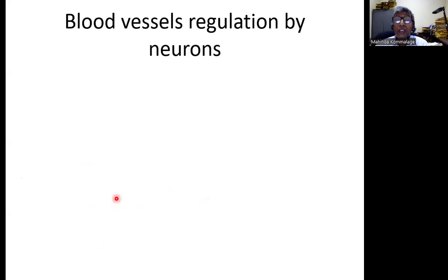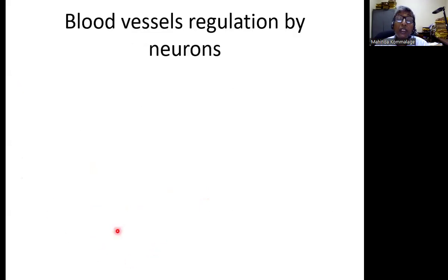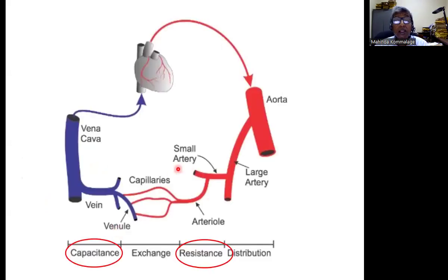So in the blood vessels, regulation through the neuronal or autonomic route, we have mainly two types of blood vessels we can control through the nerves. In the arterial system, we have arterioles, which we can control through the autonomic nervous system.